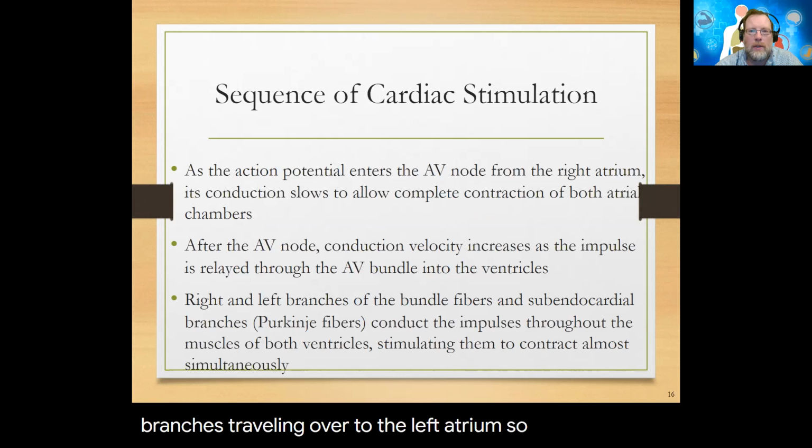Okay. So as the action potential travels from the SA node down to the AV node, we're going to see a slowing of the conduction of electricity to allow those atrial chambers to fill to maximum before we initiate the contraction of those atria.